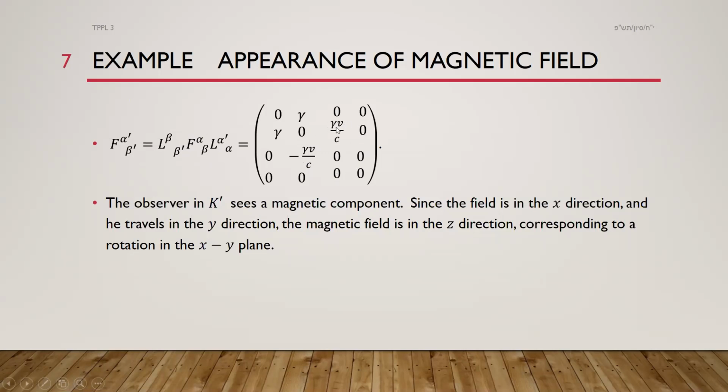Before the bottom right 3x3 was all zeros, now you pick up a magnetic part pointing in the z direction, which corresponds to a rotation in the xy plane. So in K prime, he'll see the field as having both an electric and a magnetic component. And since the field is in the x direction and your relative velocity is in the y direction, the magnetic part corresponds to a rotation in the xy plane.